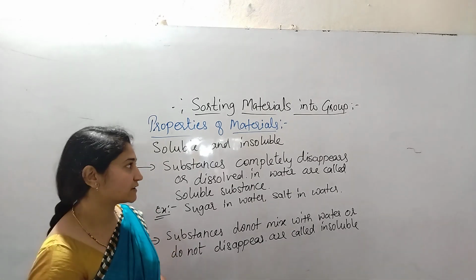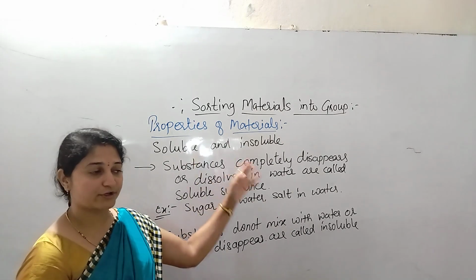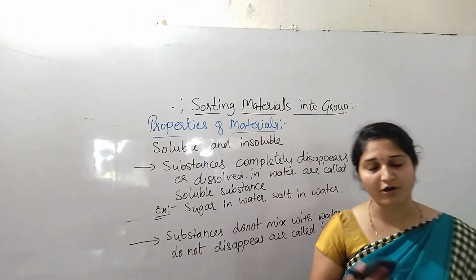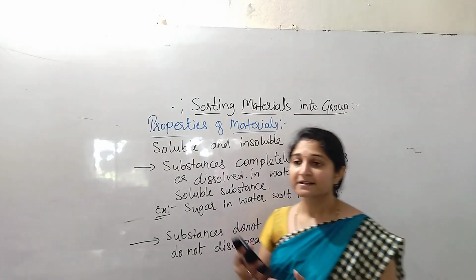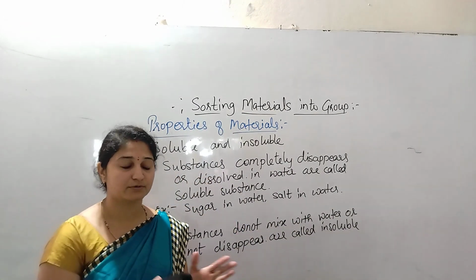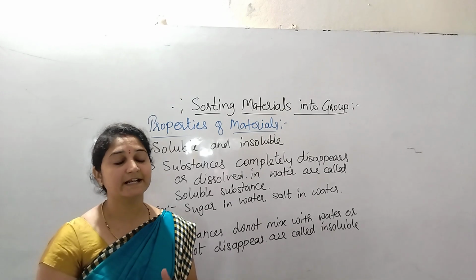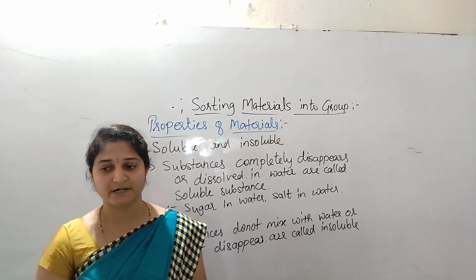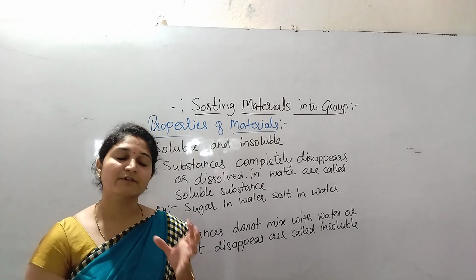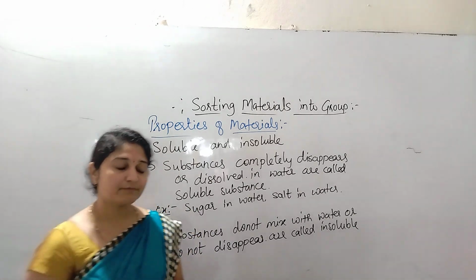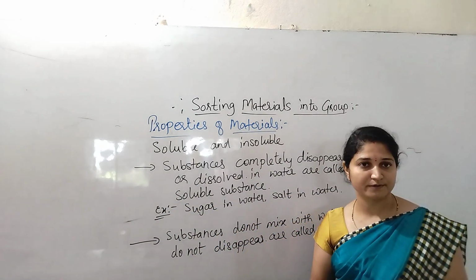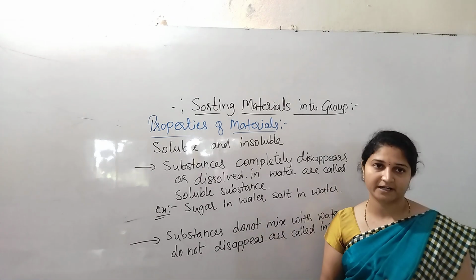On that basis also, the materials are going to be made into groups. So all this information, all these properties, tell us how we can make the objects into separate groups, so that it is easy to understand their properties and where we can use such materials. That information is very important. Without knowing the properties of those materials, how can we use them?